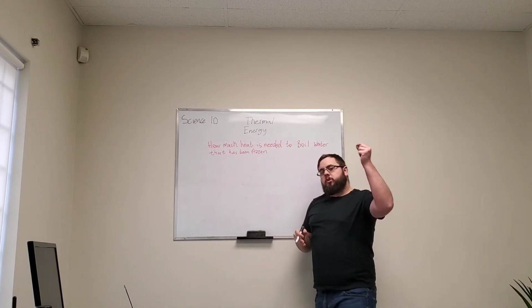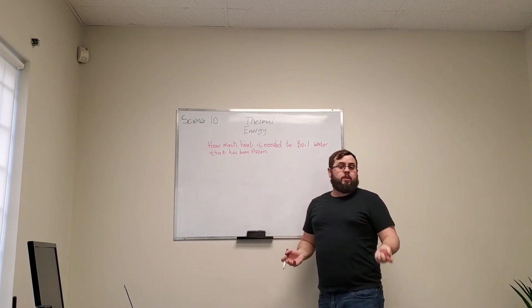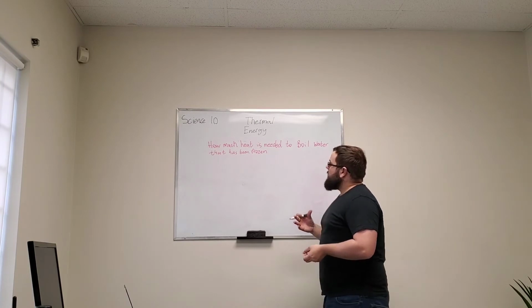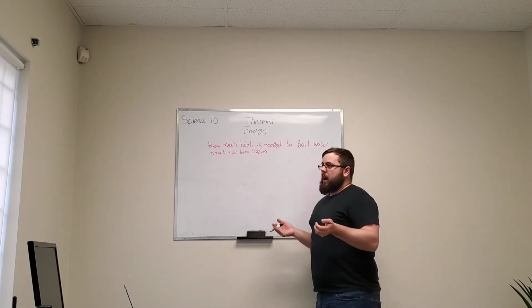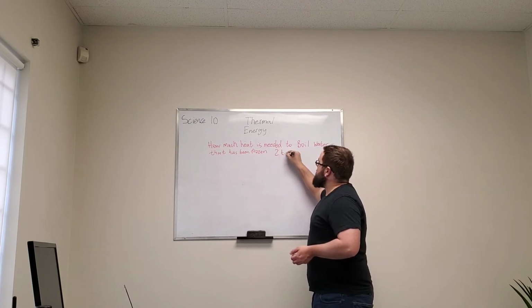So we're going to take our ice cubes, we're going to put them into a pot, and we're going to boil it. We're going to see how much heat energy do we need. And how much of this do we have? Let's say we put in 2 kilograms worth of ice cubes.